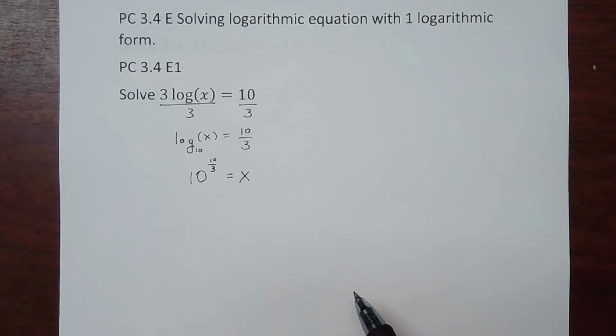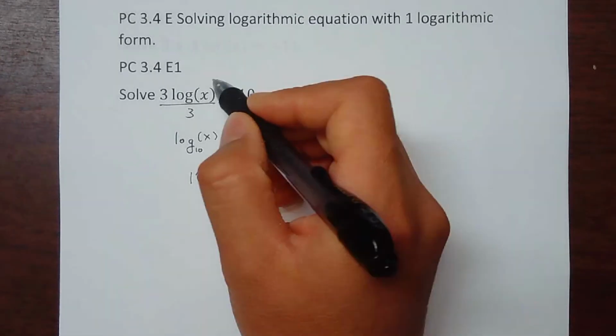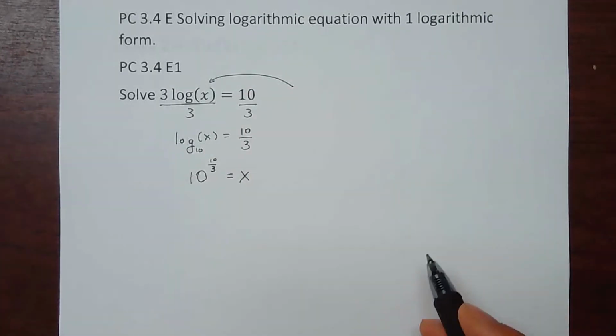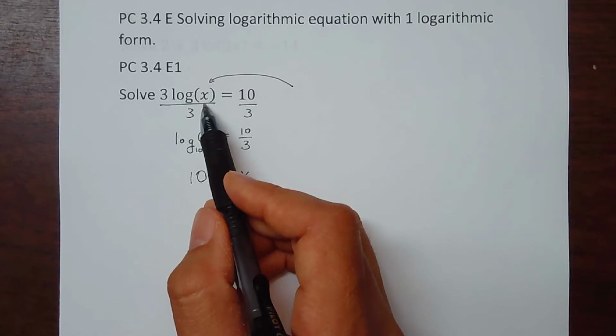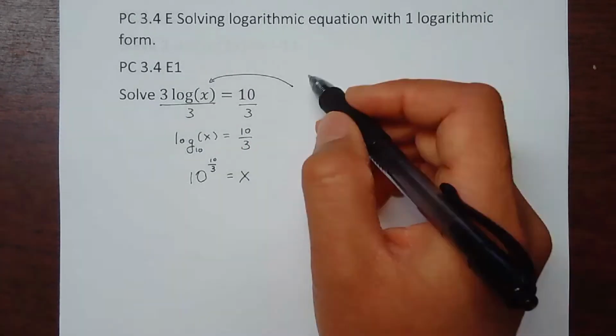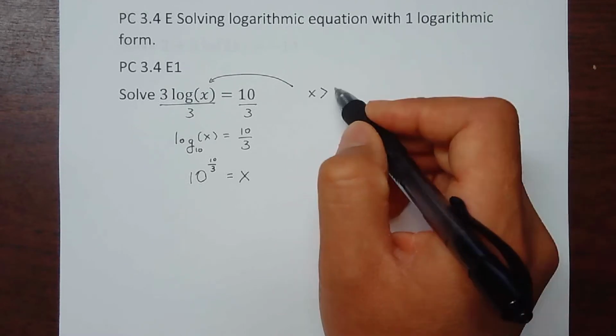One thing when you deal with a logarithmic equation is constraint. So log cannot have negative value inside. So constraint here in the beginning is x has to be greater than 0.